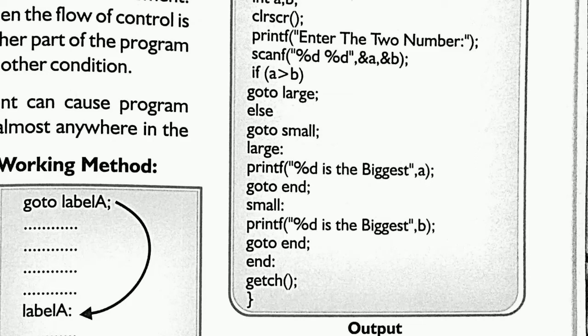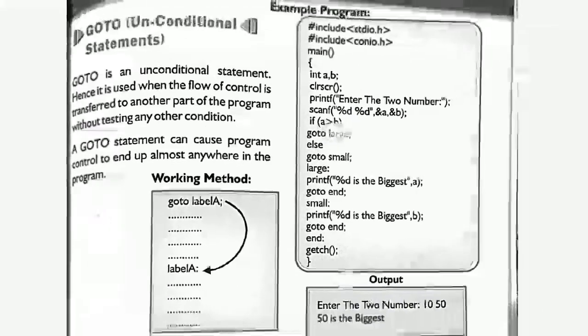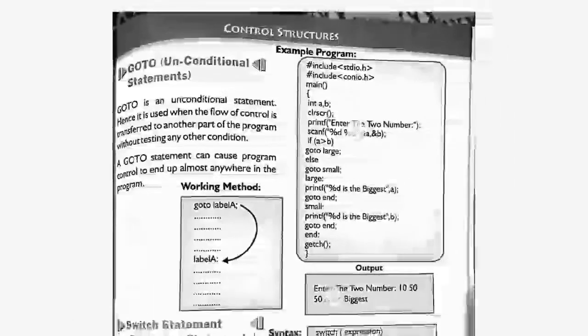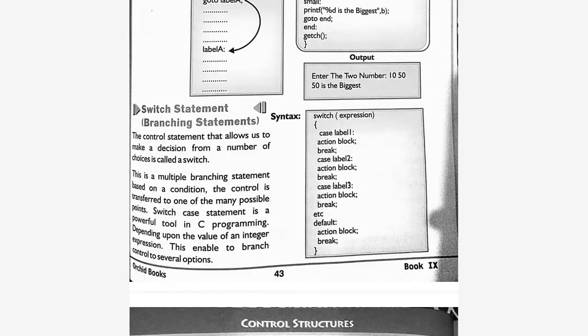So the control will transfer here and move on to the next statement, printing that D is the biggest. After finishing this, it will go back to the original position and leave the condition. So this is an unconditional statement.